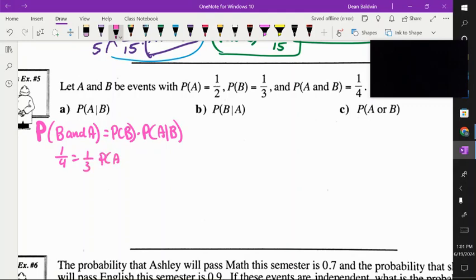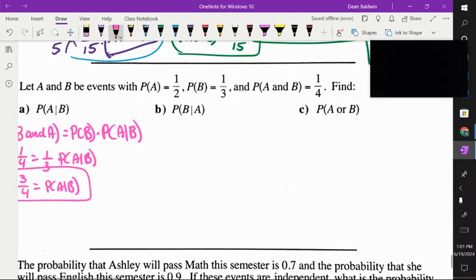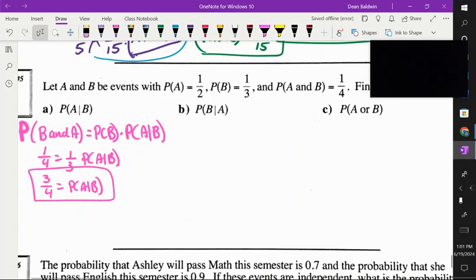And we're trying to find A given that B happened. So it's going to be 3 over 4. Is that okay?